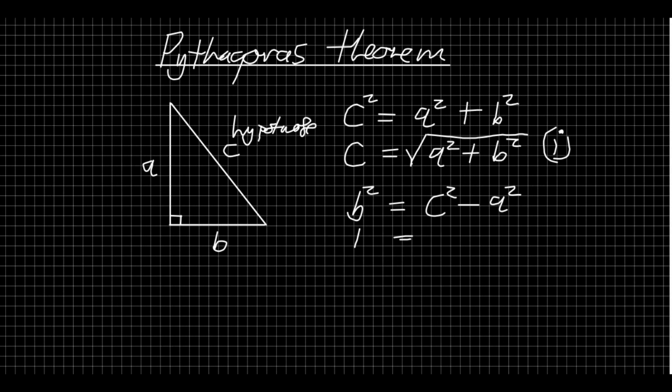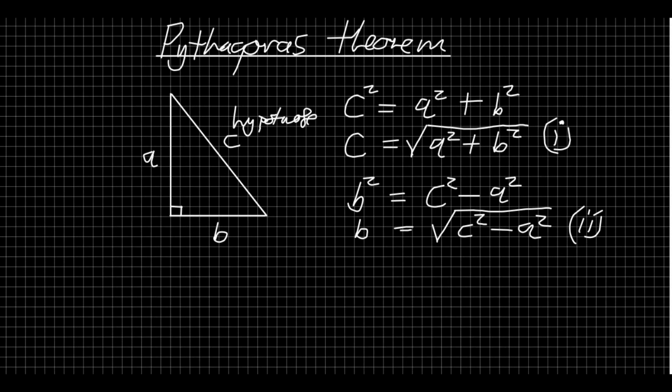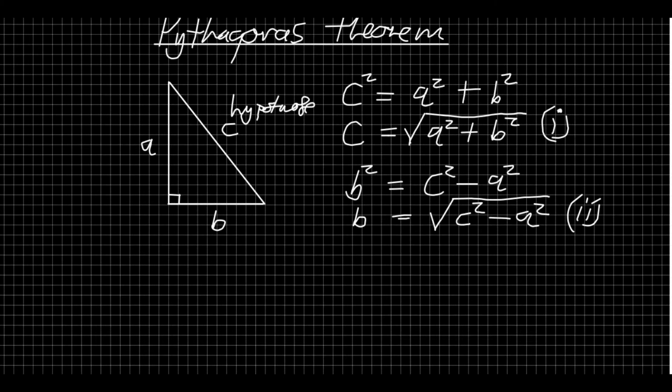So B is equal to the square root of side C squared minus A squared, which makes this equation 2.